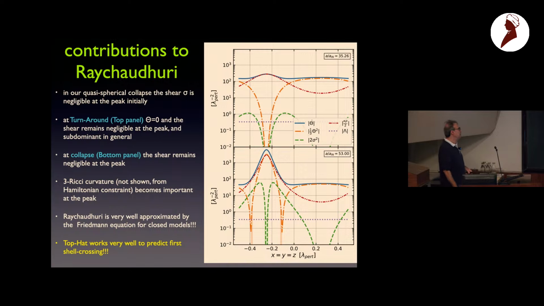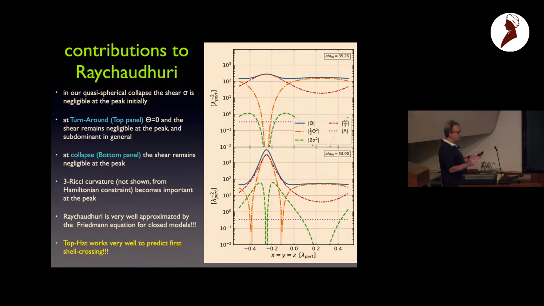The main important thing to notice is this: first of all, theta is the expansion, the reddish line, and it becomes negative at the peak, and that's where the peak is really collapsing. And more important, you can see the green line. These are turnaround, when theta starts to become negative.